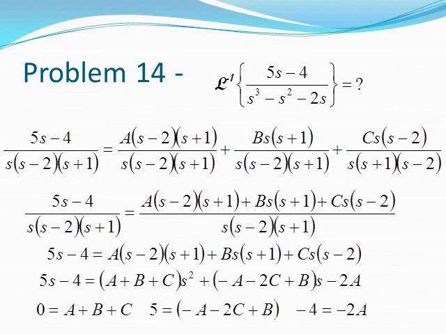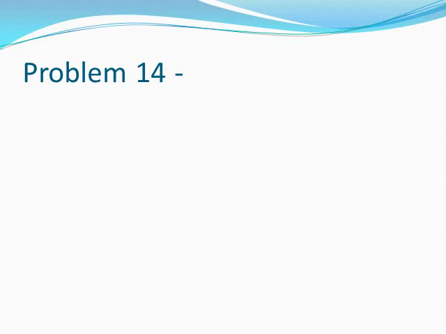So for s squared, the left-hand side is 0, the right-hand side is a plus b plus c. For s, the left-hand side is 5, the right-hand side is minus a minus 2c plus b, and for the constants, the left-hand side is minus 4, and the right-hand side is minus 2a. And then we can solve this.